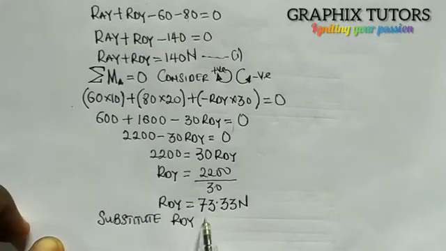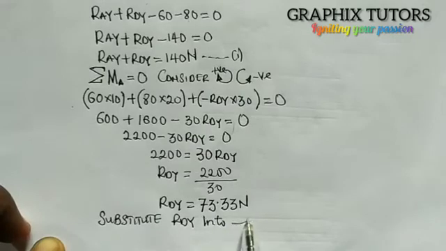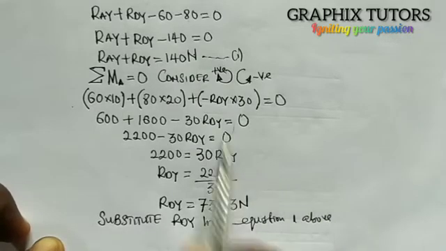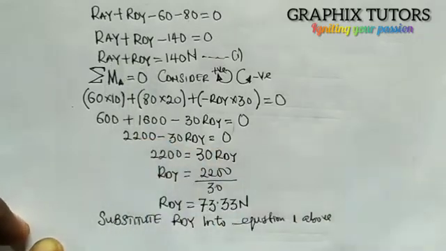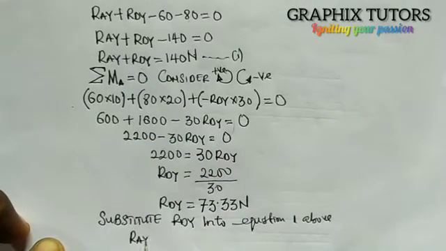Now similarly, we are going to substitute RDY into equation 1 above. This is my equation 1 here. So we put RDY, so you get RAY. We say that my RAY plus 73.33 is equal to 140.